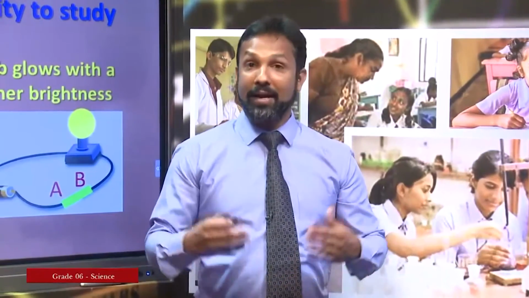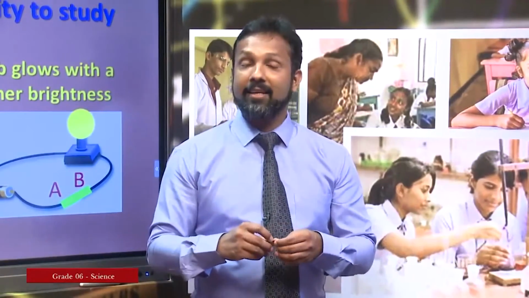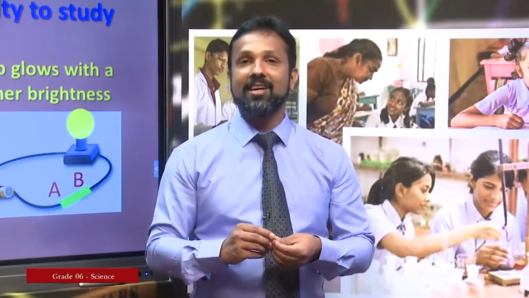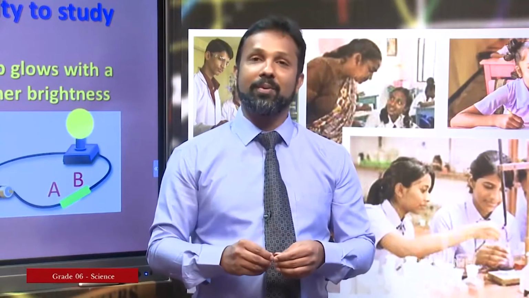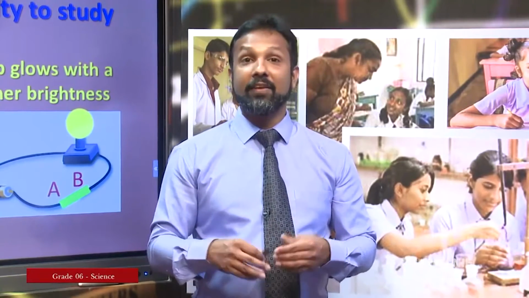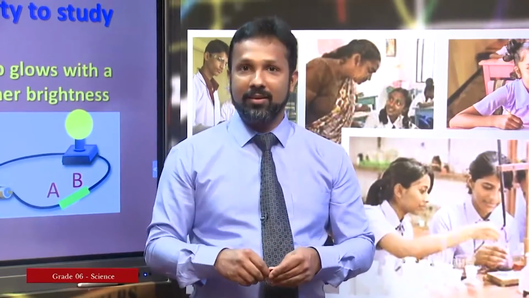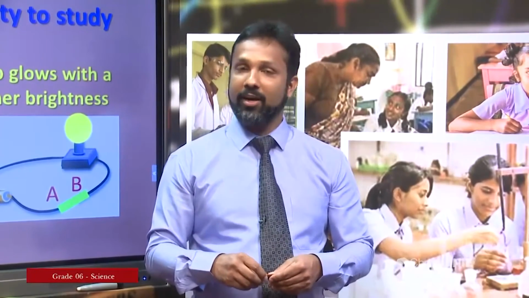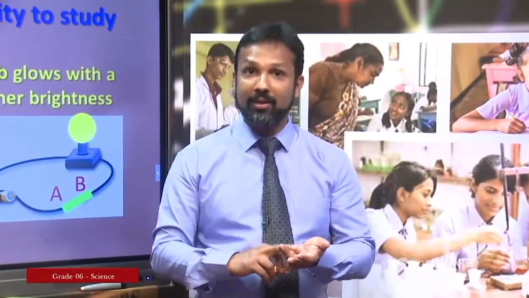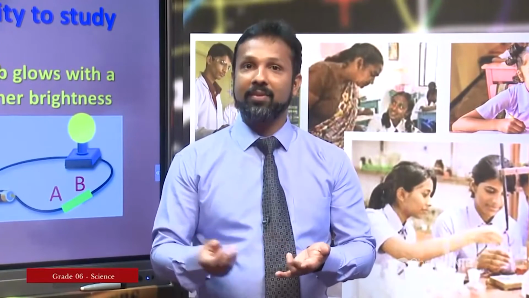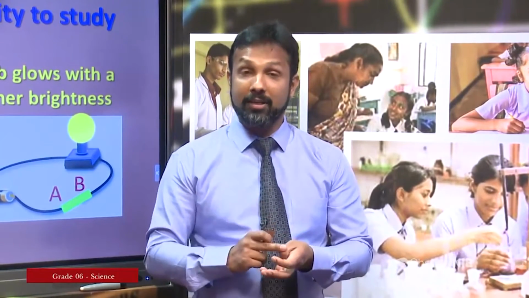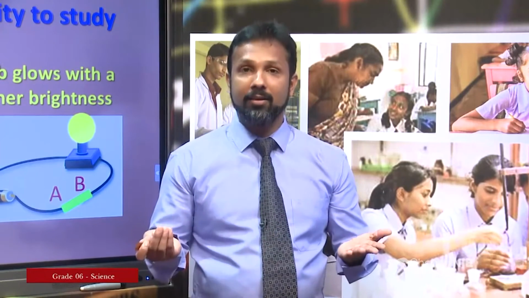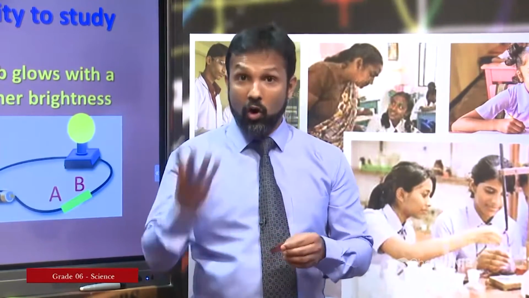Substances or materials that conduct electricity are called conductors. You can remember we studied different examples of conductors: copper, aluminium, iron, magnesium, mercury, silver, and also water.